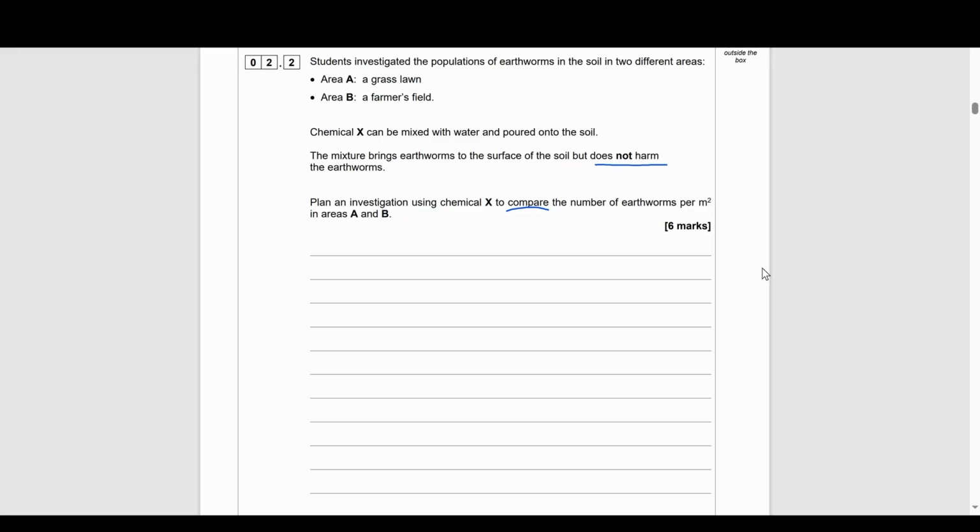Okay, so this is our example where we have to use our knowledge from our required practical of a field investigation. So there must have been a time where you have studied how you could either measure the abundance of a particular species, whether it's plant or animal, or the distribution of a particular species of plant or animal.